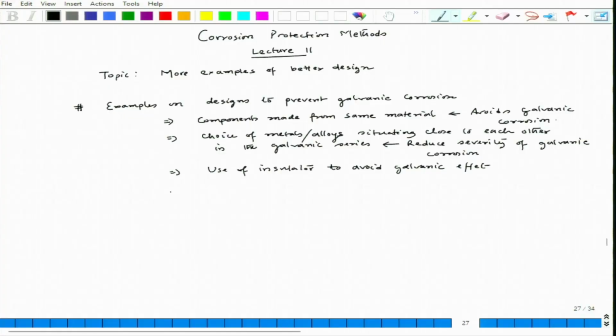But where the anodic area is small compared to the cathodic area, the dissolution of the anodic area would be very, very severe. So the cathodic area should be smaller than the anodic area, in fact much smaller.